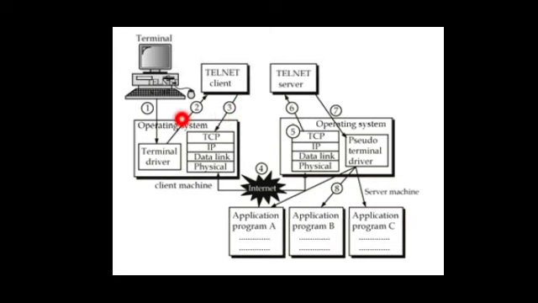The first step is the terminal giving the commands to the terminal driver, and from the terminal driver to the operating system. In the second step, the operating system will hand over the commands to the telnet client software, and in the third step, the telnet client software will convert these commands into NVT characters, or NVT format, which is universally the same.